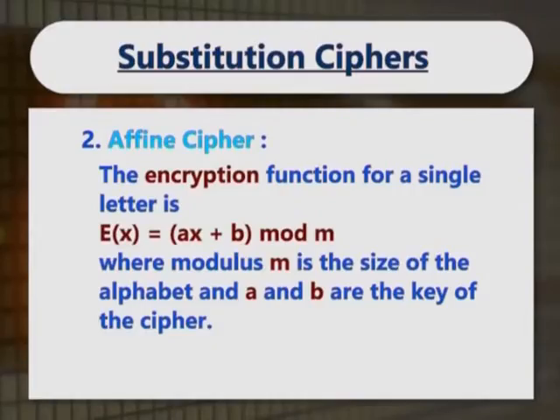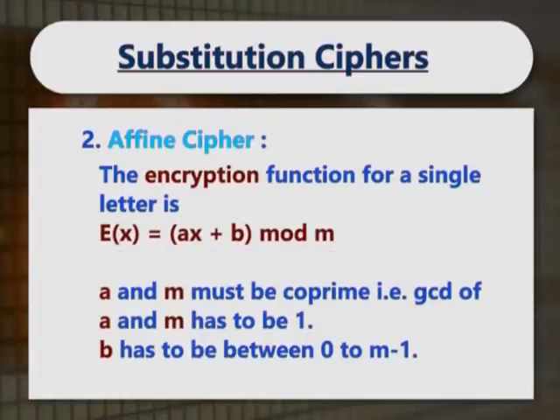The affine cipher then uses modular arithmetic to transform the integer that each plain text letter corresponds to into another integer that corresponds to a ciphertext letter. The encryption function for a single letter is E(x) = (ax + b) mod m, where modulus m is the size of the alphabet, which is 26 in the case of the English language, and a and b are the key of the cipher.